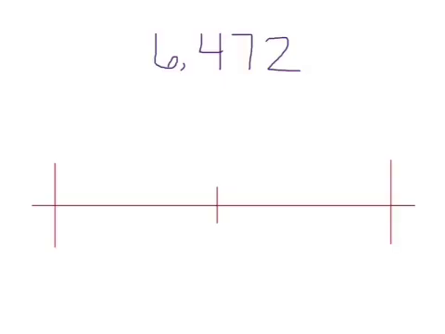Let's take a look at another number, which is a little larger, and we'll round to the thousands place. So we need to identify the 6 as being the thousands. 6 is 6 thousands. So once again, we will use our outside lines and identify that it is between 6,000 and 7,000.